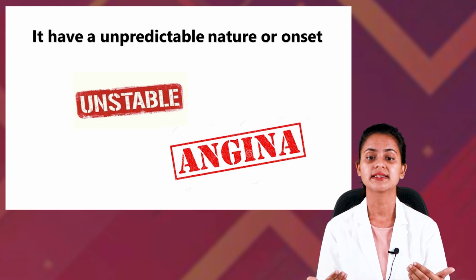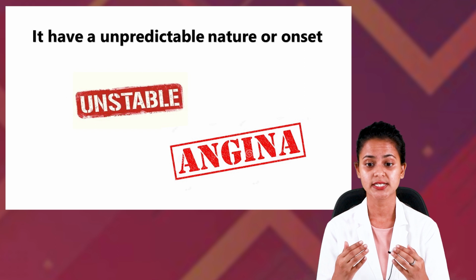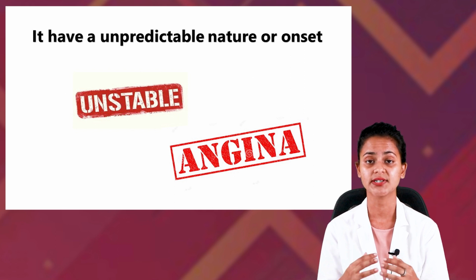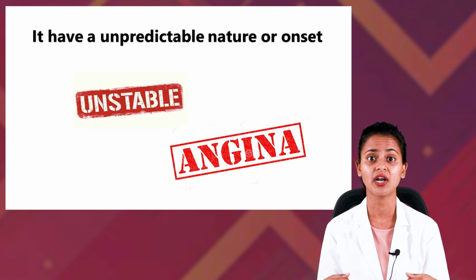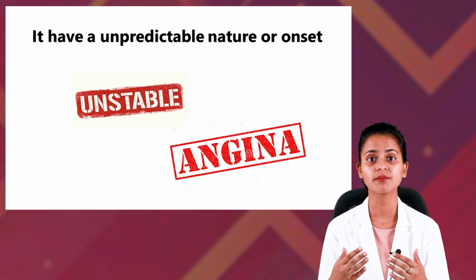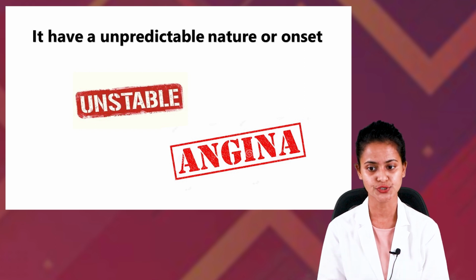Unlike chronic stable angina, unstable angina is unpredictable and is considered an emergency. So you have to remember one particular thing: chronic stable angina does not have a very severe pattern, but unstable angina is unpredictable in nature and is considered an emergent condition for any individual.